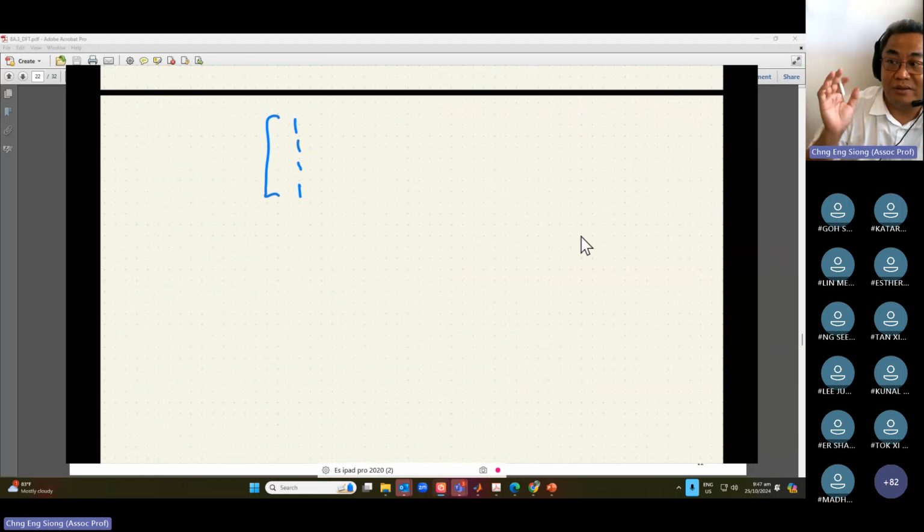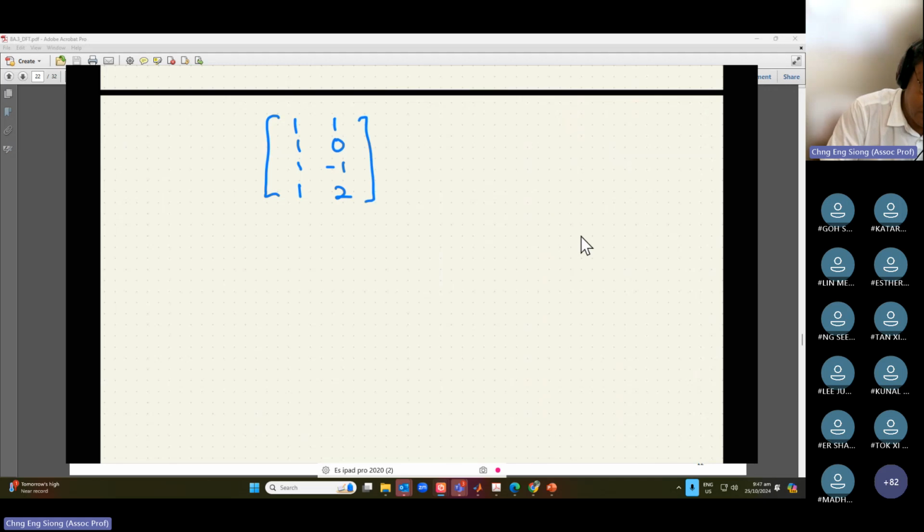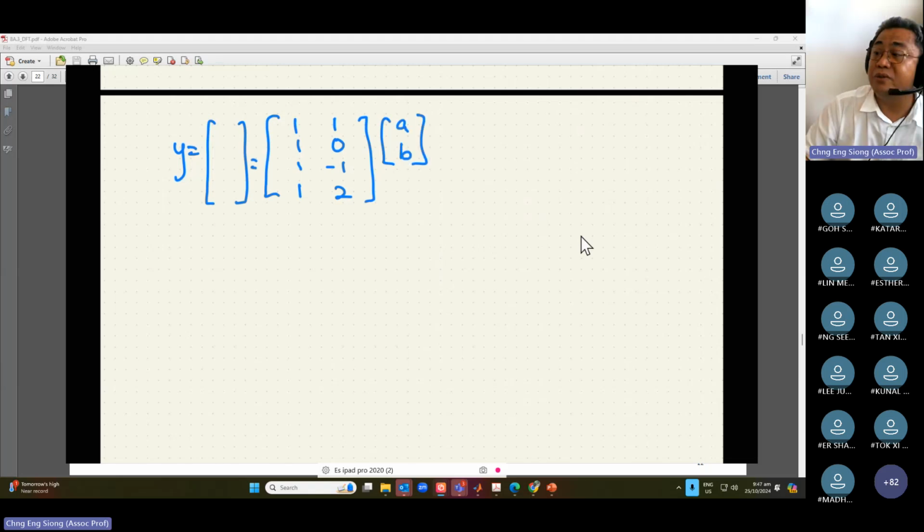I'm not even doing this example. 1, 0, minus 1, 2. For example, just for example, how do we get y? Let's say a and b. And I give you some a and b. Then the clever way to do this is this a.